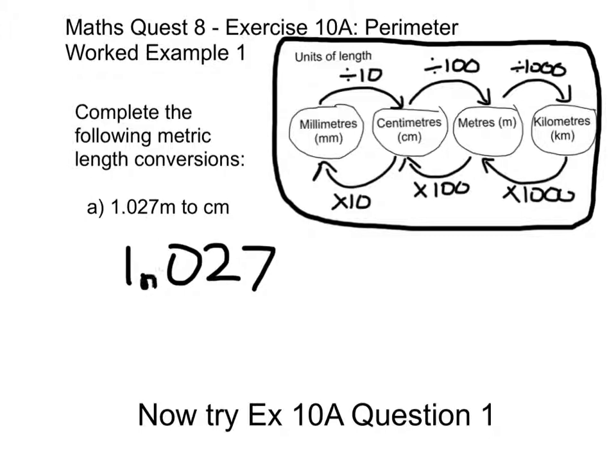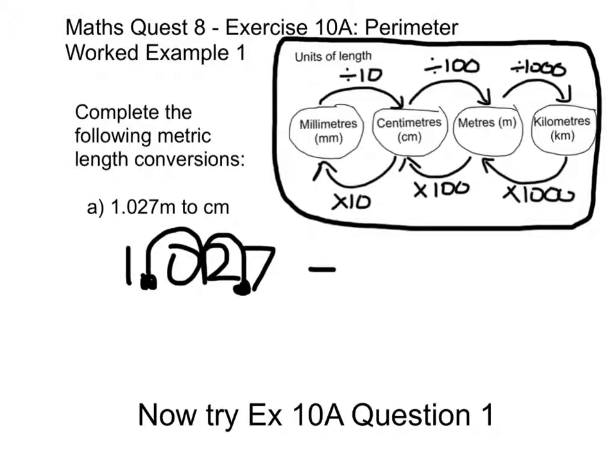So this is my decimal place here. I'm going to jump it 2 jumps to the right. So I'm going to go 1 and 2, and I end up there.